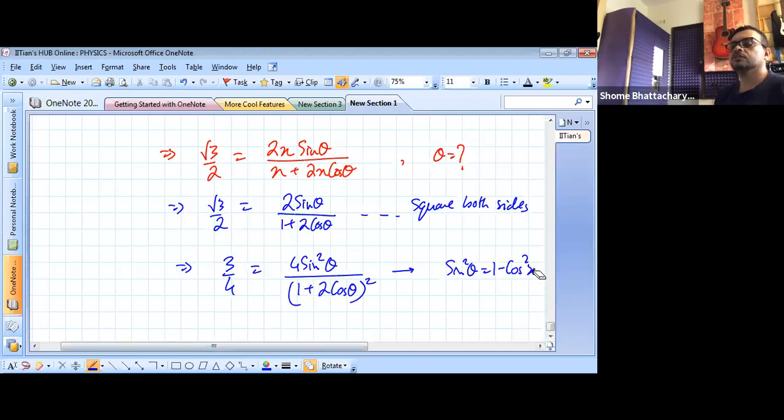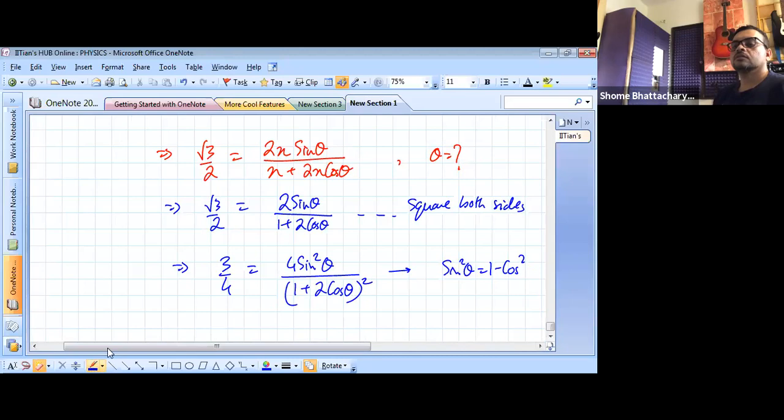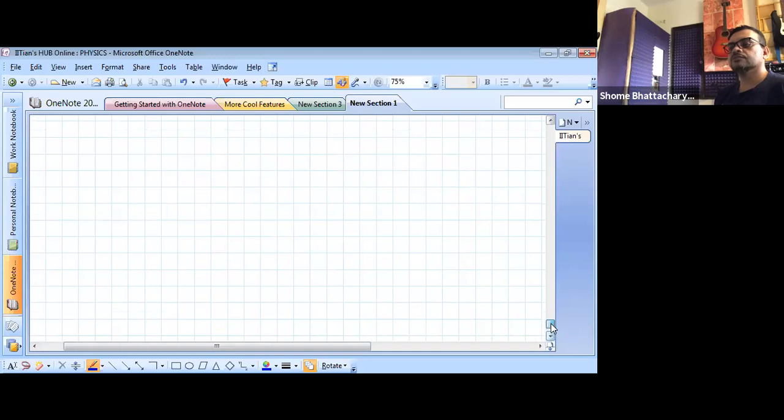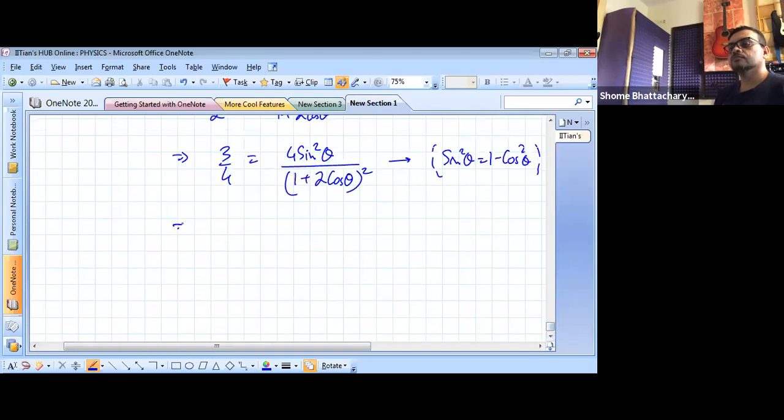Not x but theta. That is the trick we'll be using. Sine square theta plus cos square theta is 1, so we can replace sine square theta with 1 minus cos square theta. So we further get this equation: it's 4 times 1 minus cos square theta upon 1 plus 2 cos theta the whole square.